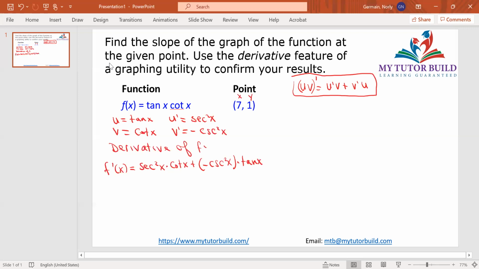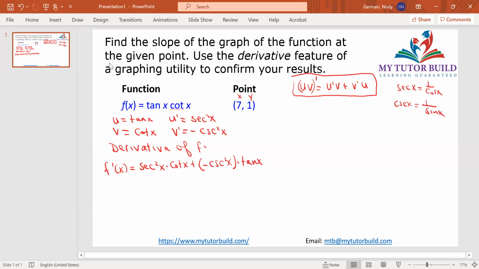Now, we see something you might remember from pre-calculus. Secant is 1 over cosine, and cosecant x is 1 over sine x.